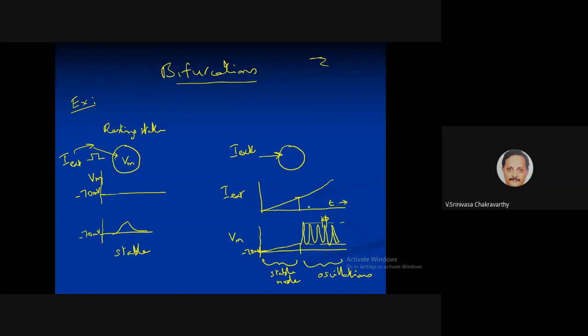So the thing is, as you vary this parameter Ix gradually, continuously, and slowly, the dynamics suddenly changes qualitatively at some critical value.